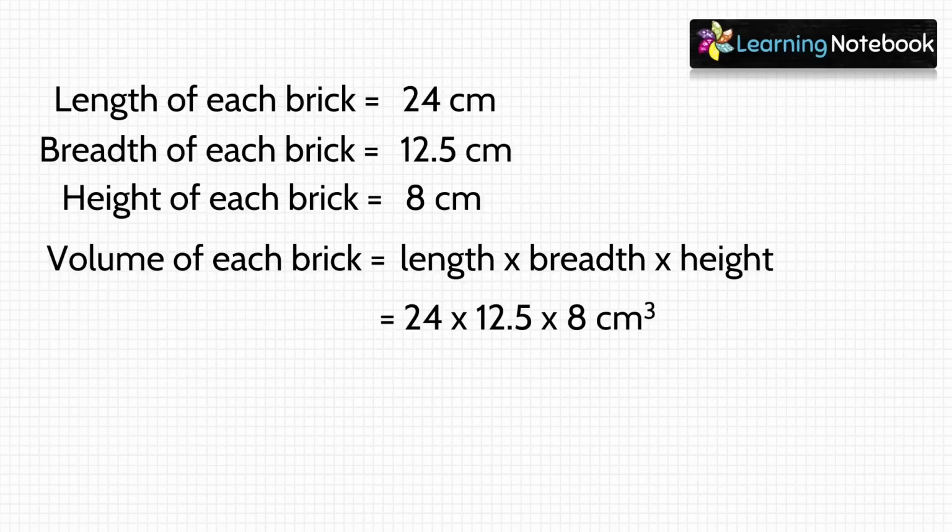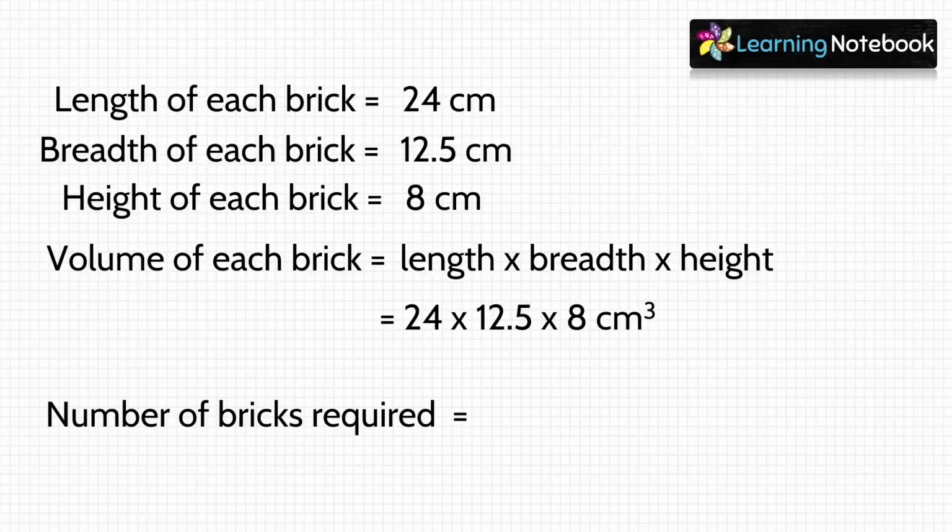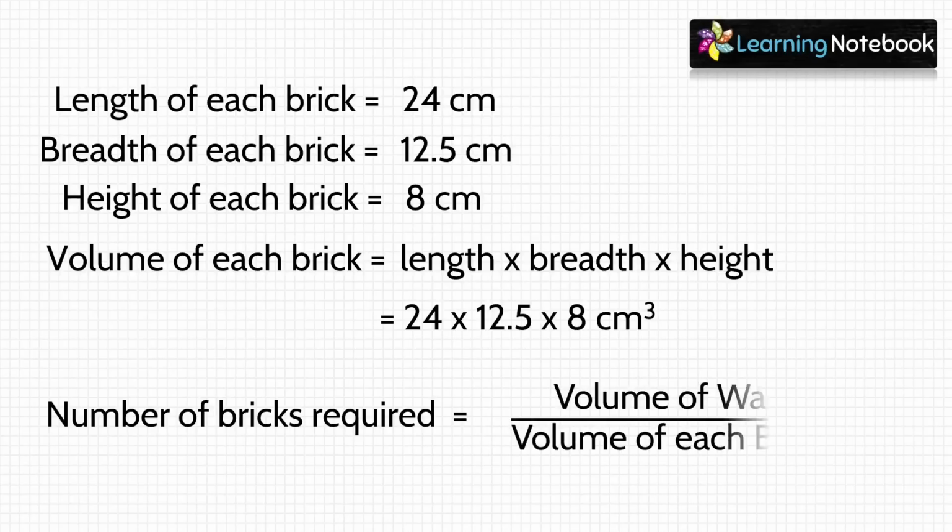Now we have calculated the volume of the wall as well as the volume of one brick. So we can easily find the number of bricks required to build this wall. So let's divide the volume of the wall by the volume of one brick.